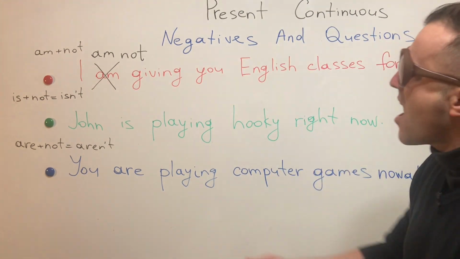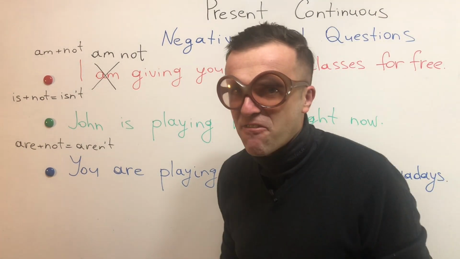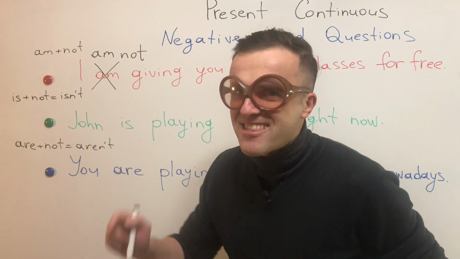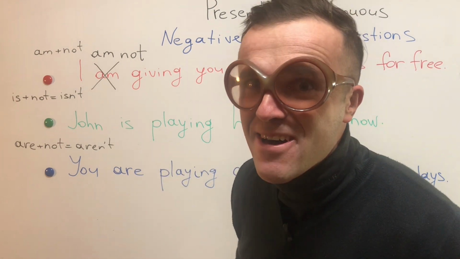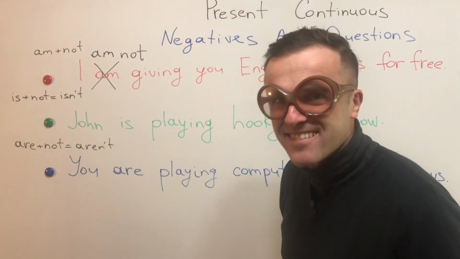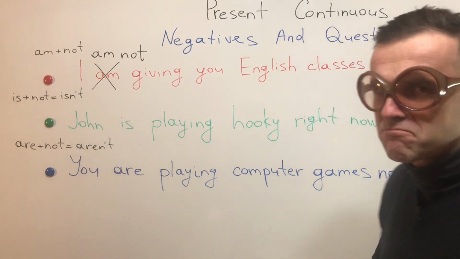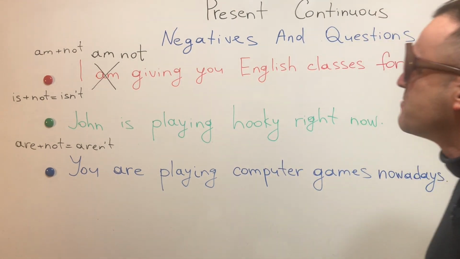I am not giving you English classes for free, guys. So there will be a link below on my debit card, alright? Okay, just kidding. So far it's for free, alright?